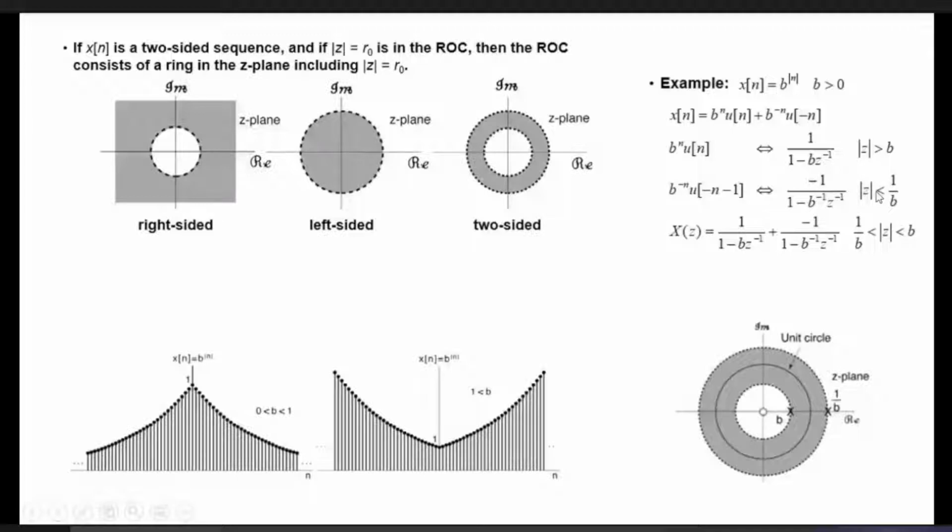Mod z is less than 1 by b, so a circle of radius 1 by b. So the ROC exists within two circles of radius b and radius 1 by b. Okay, so that is the concept.